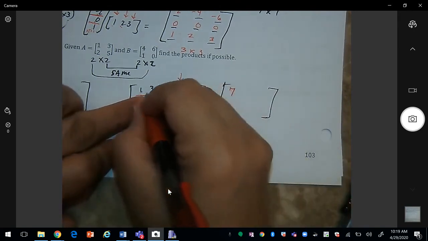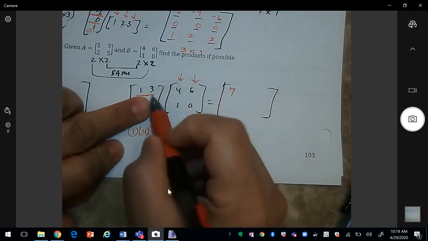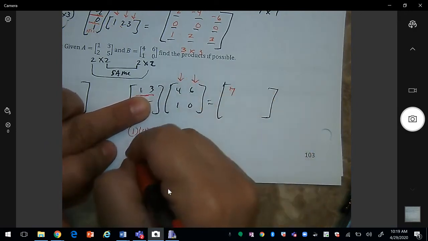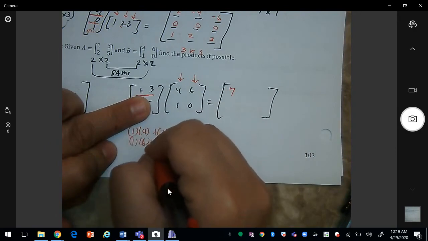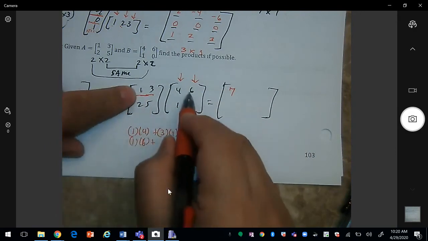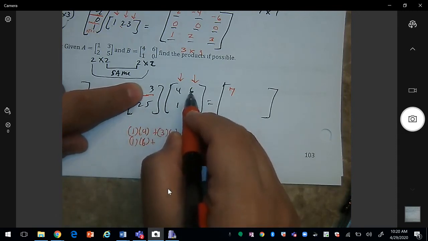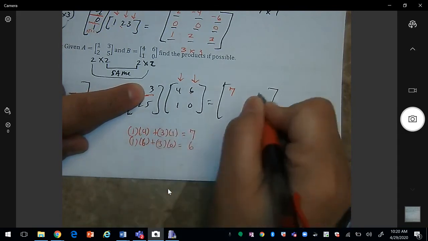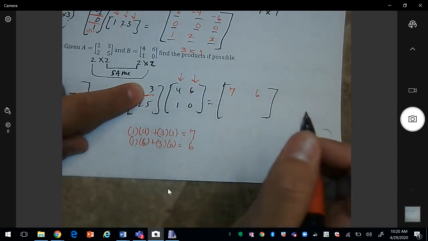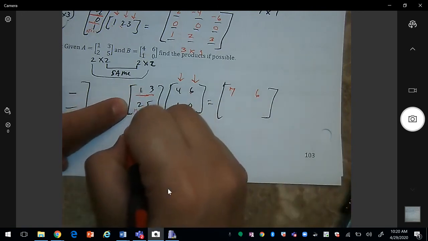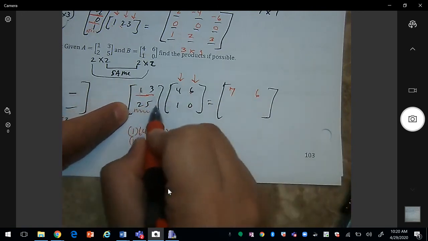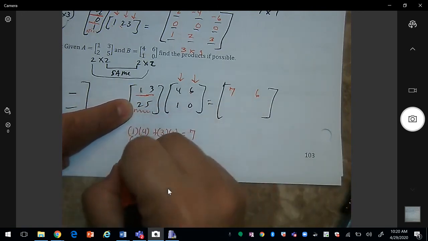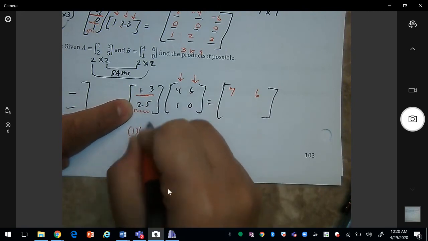Then we still use this same row with the next column. So 1 times 6, and then 3 times 0. My answer here is 6. There are no more columns, so we go on to the next row and start the same process: 2 times 4 plus 5 times 1.